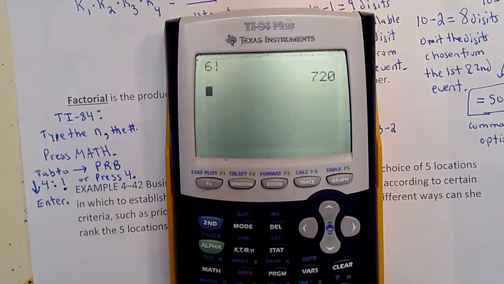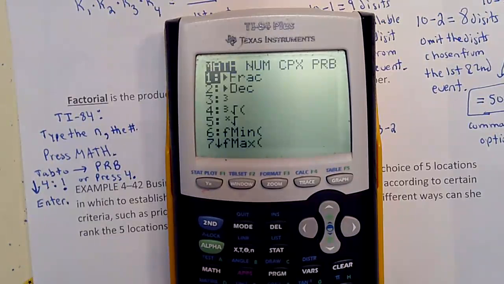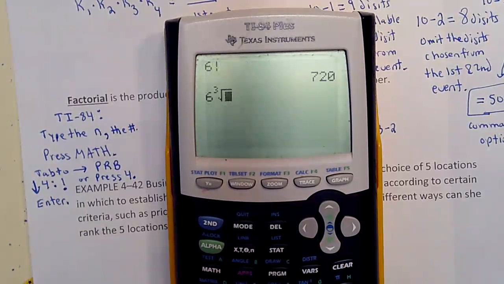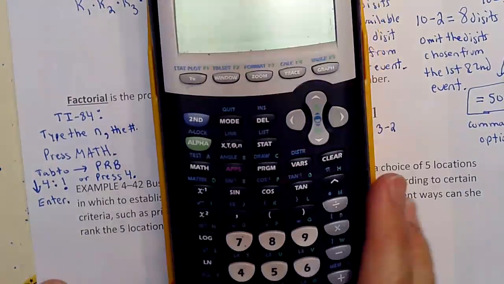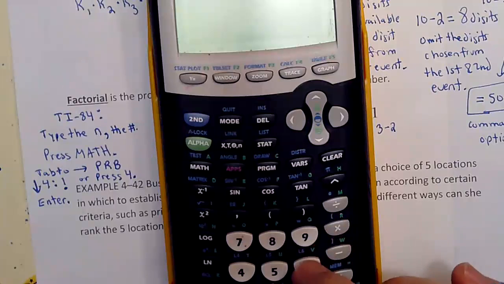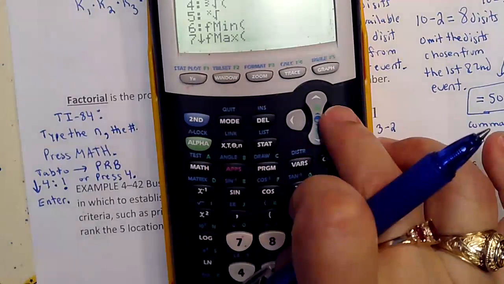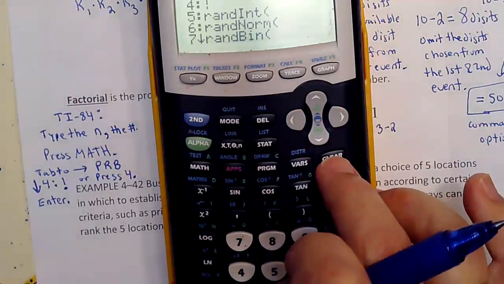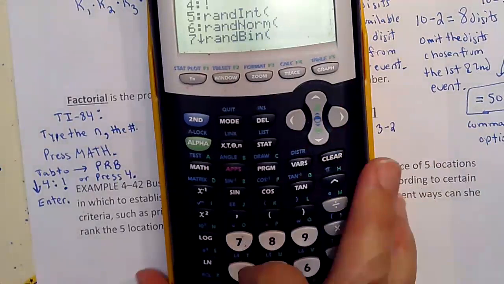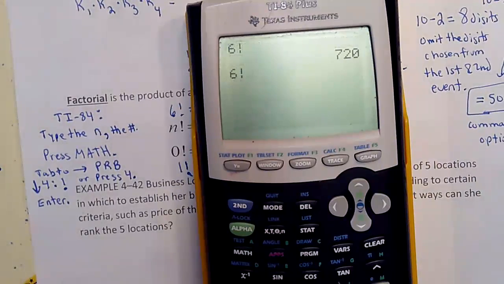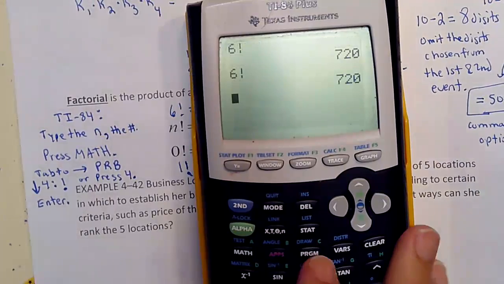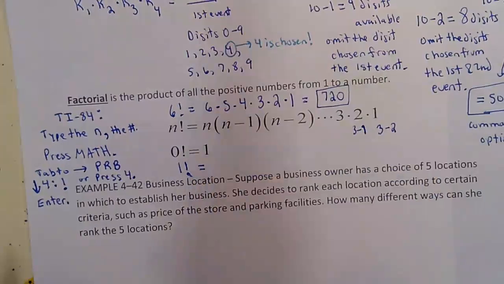Or 6 math, go down to probability, and just hit number 4, and then hit enter. Sometimes you have to hit enter twice, and sometimes it just depends which way you go, whether you press 4 or go down.